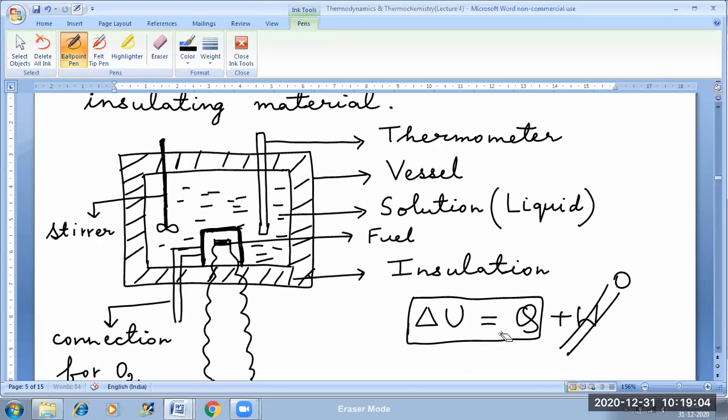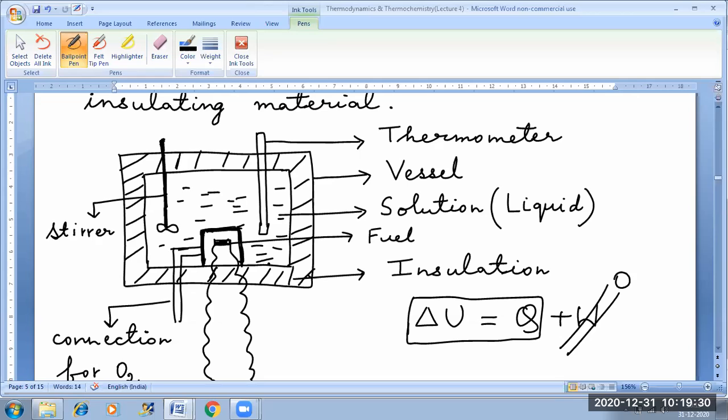Now, any combustion reaction is exothermic, so heat will be released. Once this heat is released after the reaction is over, this entire heat is passed on to the water, because the entire bomb is placed inside the vessel containing water. So the water will absorb the heat released by the reaction.